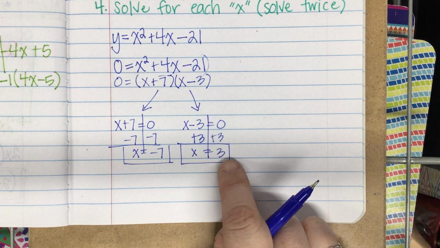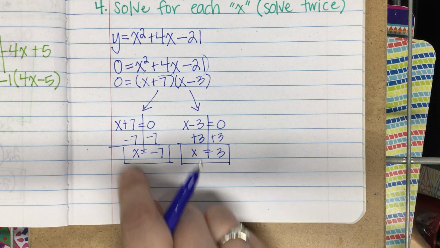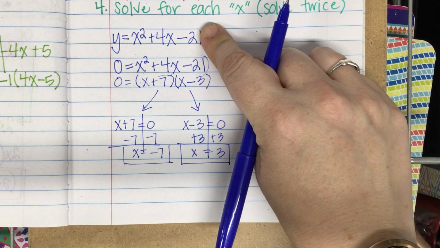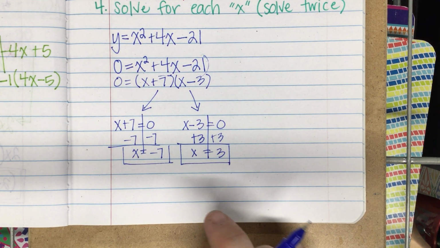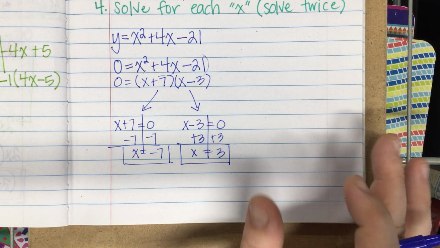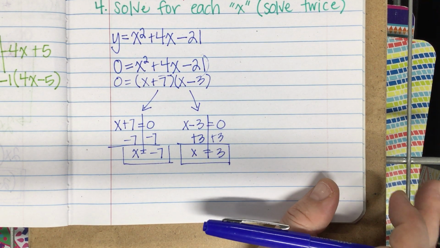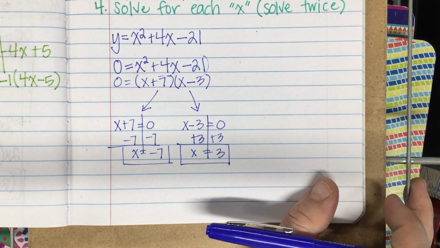Both of these solutions make this a true statement. Both of these solutions work in this problem. There are 2 answers to this math problem. The first answer is x equals negative 7. The second answer is 3.